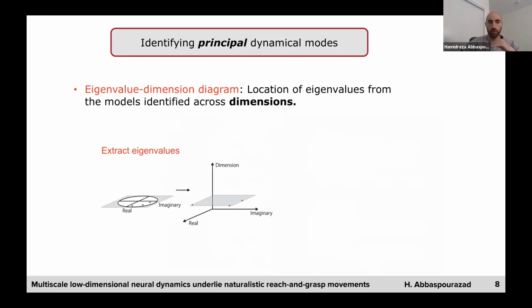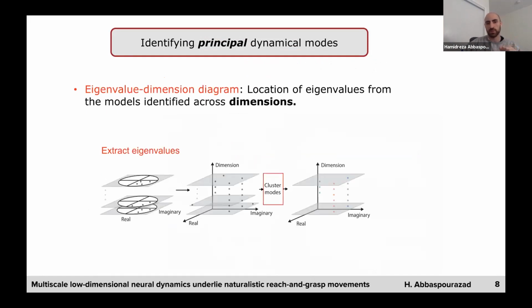For example, we extract the eigenvalues from latent state space models of different dimensions. We put them all on top of each other, and the eigenvalues that appear persistent regardless of the state dimensions are the important eigenvalues of the network dynamics.